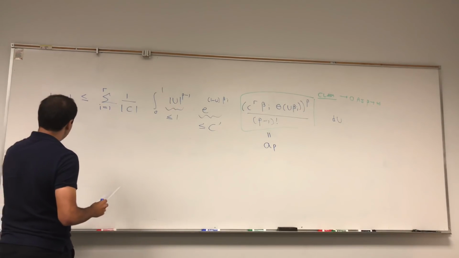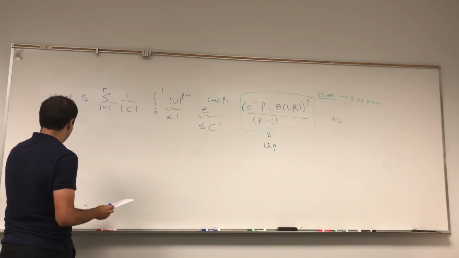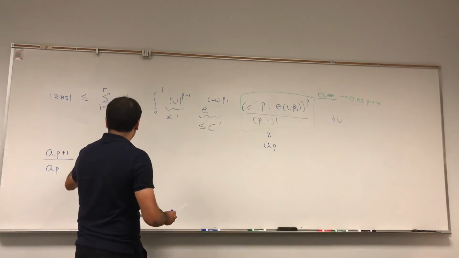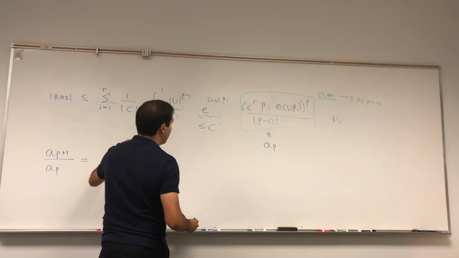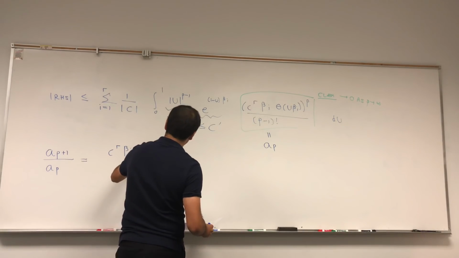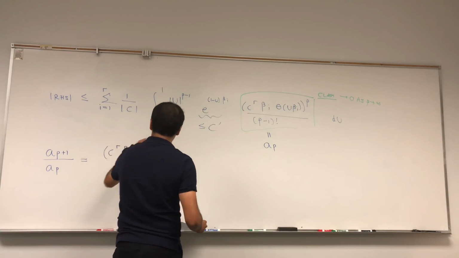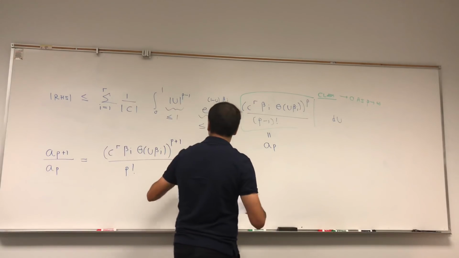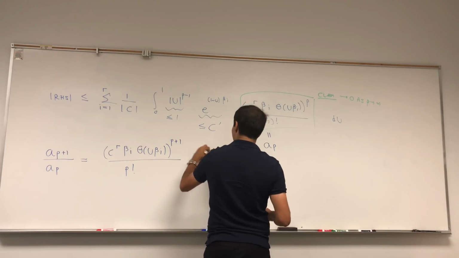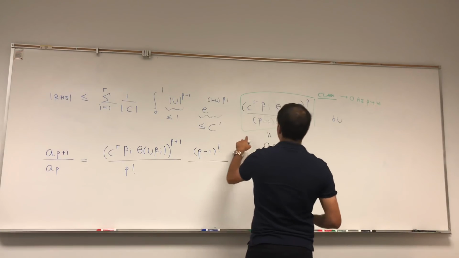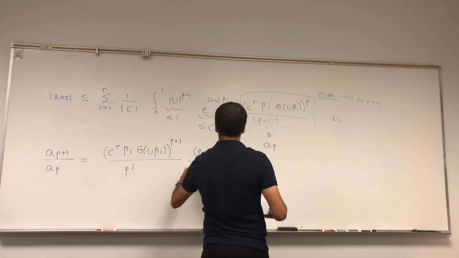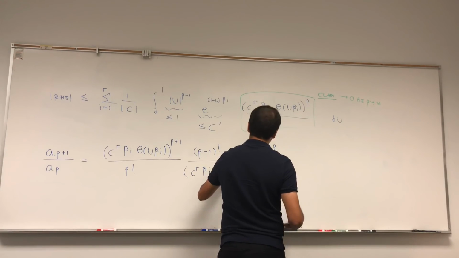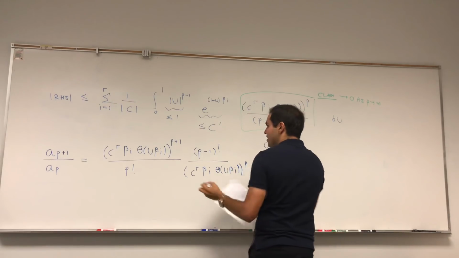And then let's just calculate, again, maybe with absolute value, that's fine. So A_{p+1} over A_p, well, that's c^r beta_i, theta u beta_i, to the p plus 1 over p factorial, again cross multiply, and then (p minus 1) factorial, c^r beta_i, theta u beta_i, to the p.